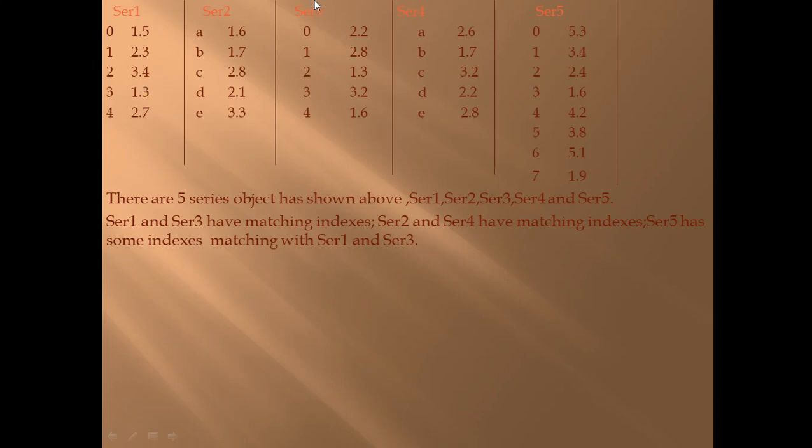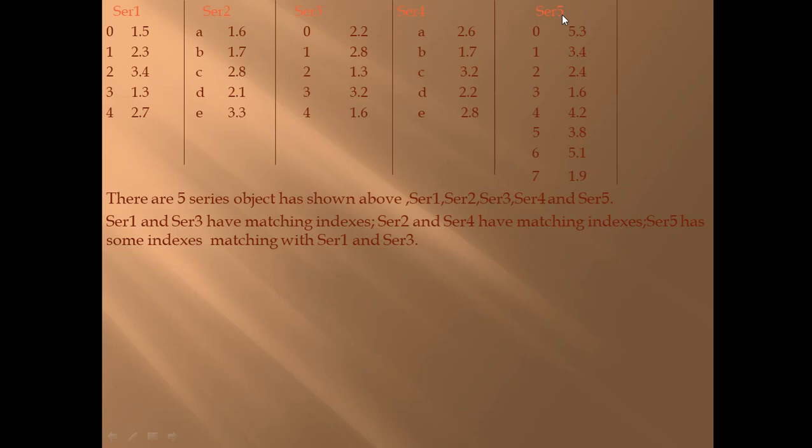Series 3 has the indexes 0, 1, 2, 3, 4 and series 1 also has the matching indexes 0, 1, 2, 3, 4. Clear? Series 2 and 4 have matching indexes. Series 2 has the indexes A, B, C, D, E, and series 4 also has A, B, C, D, E. So 1 and 3 are matching, and 2 and 4 are matching in their indexes.